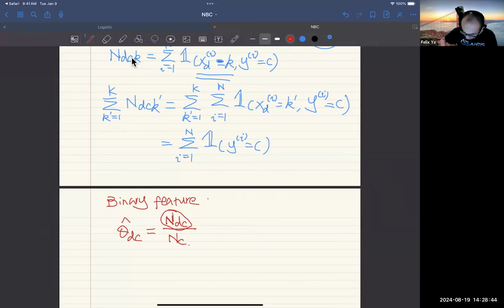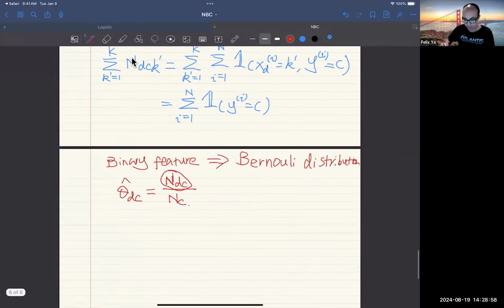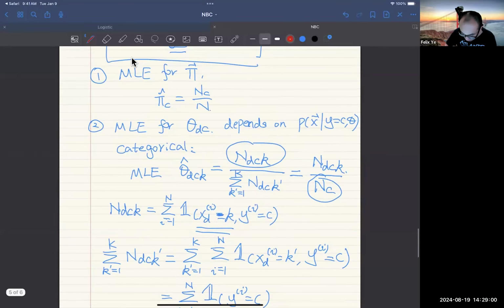If we have binary features, it becomes a Bernoulli distribution. And of course, that's MLE.